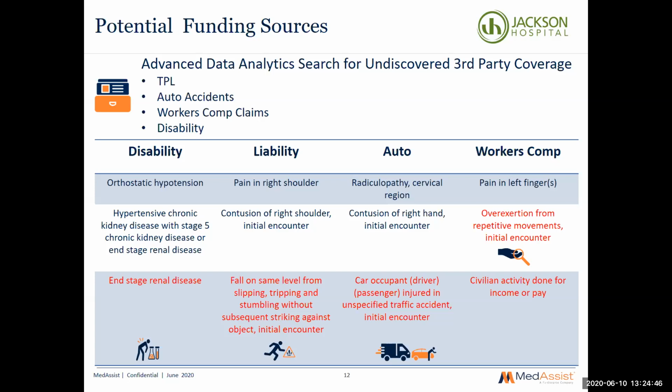And so as an organization, what we have built is an analytics capability that looks at ICD-10 data and particularly focuses in on external cause codes to identify if something may have gone unnoticed.